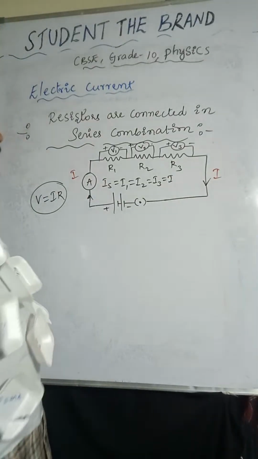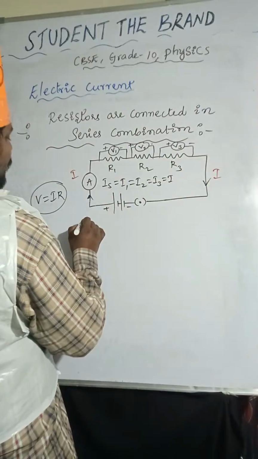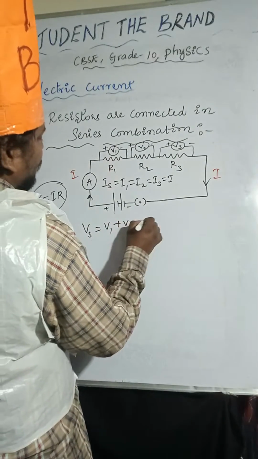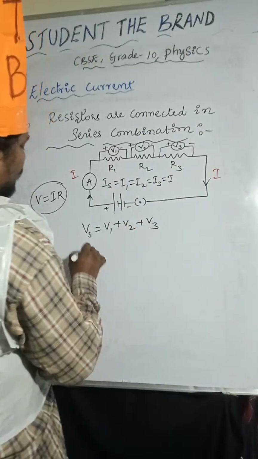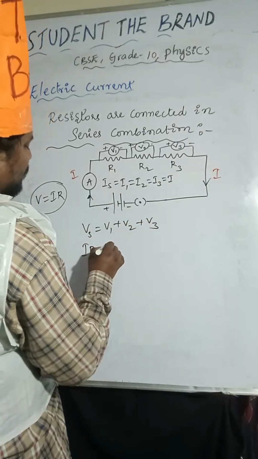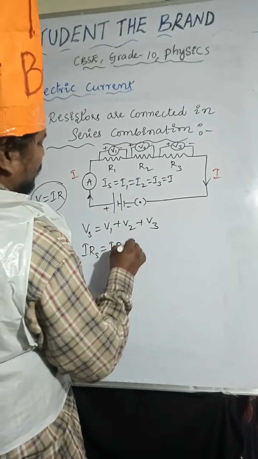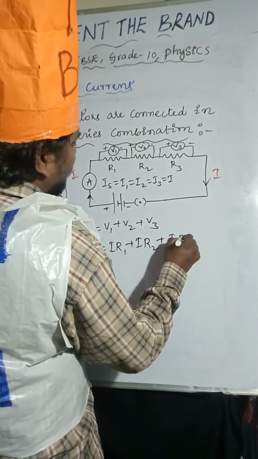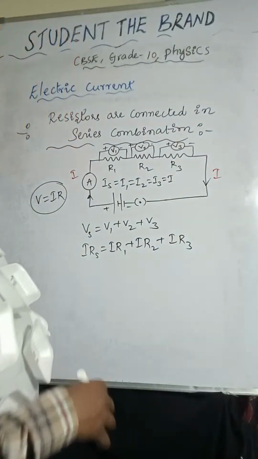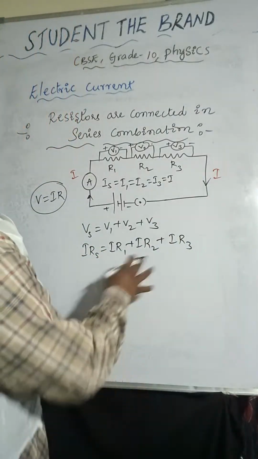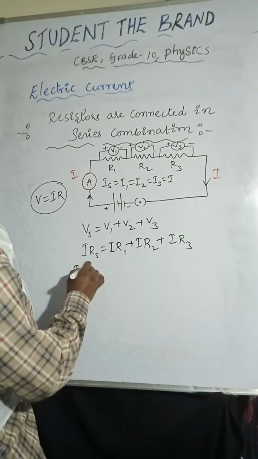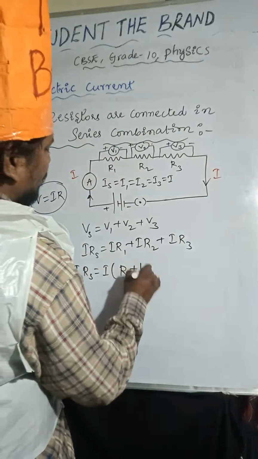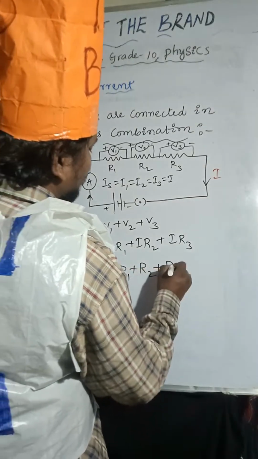Now Vs equals V1 plus V2 plus V3, and IRs equals IR1 plus IR2 plus IR3. Taking I common, we get R1 plus R2 plus R3.